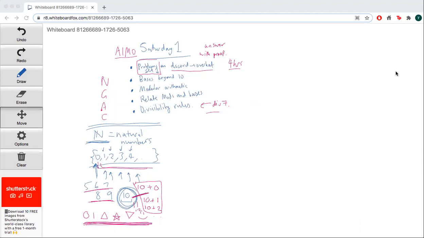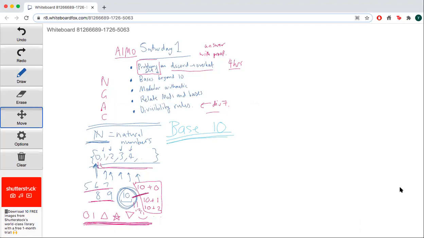So I've been a bit vague, but what I'm trying to say is that right now, what we have is base 10 expression for numbers. This is what everyone's used to.